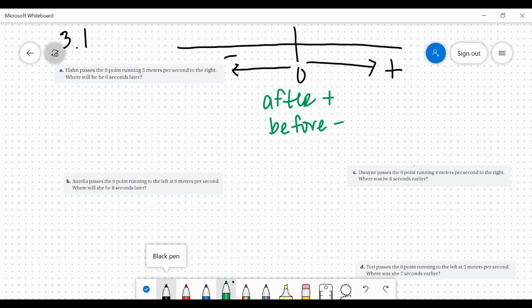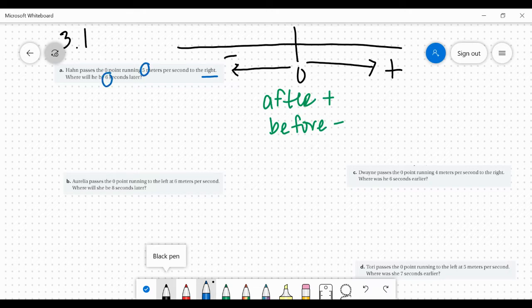So the first problem that we have here is that Han passes the 0 point running 5 meters per second to the right. Where will he be 6 seconds later? So we've got 5 and we've got 6.